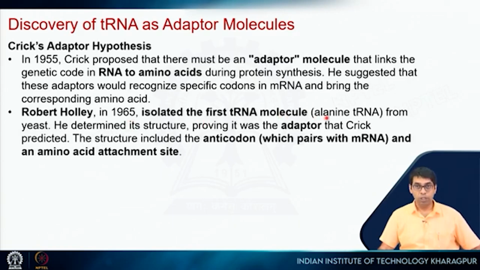It was coding for alanine. From yeast, he determined its structure and proved that this adapter hypothesis is correct. And in the tRNA, or transfer RNA, the anticodon was found, which is complementary to the codon that will be present on the mRNA.